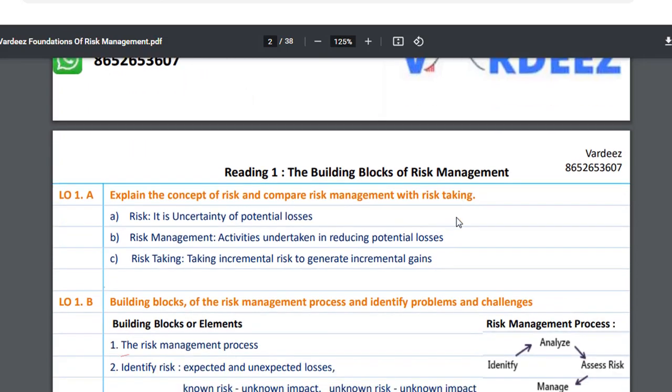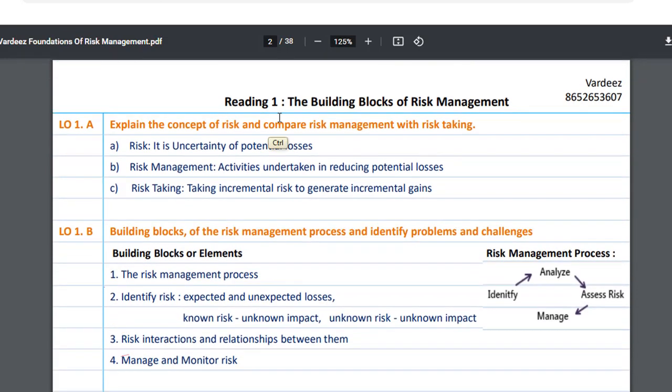So here we have the very first reading, and that is the building blocks of risk management. Now the very first learning objective that we have is to explain the concept of risk. So we define risk as the uncertainty of the potential losses. For example, if I'm running a company and I have $1 million as my expected loss, I wouldn't consider this 1 million as risky.